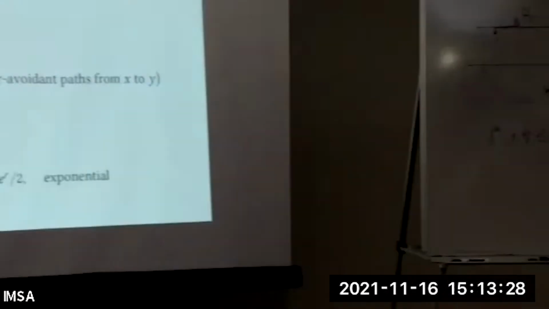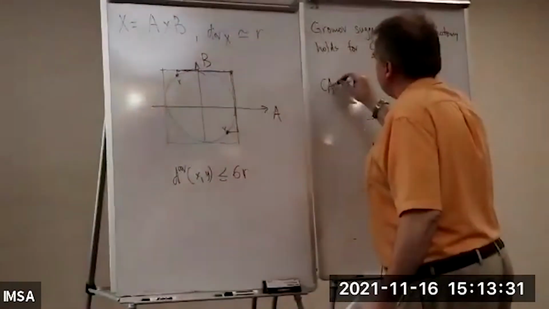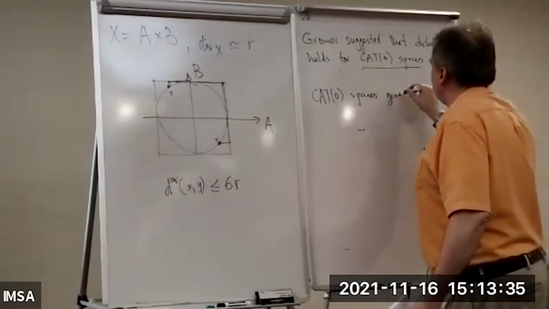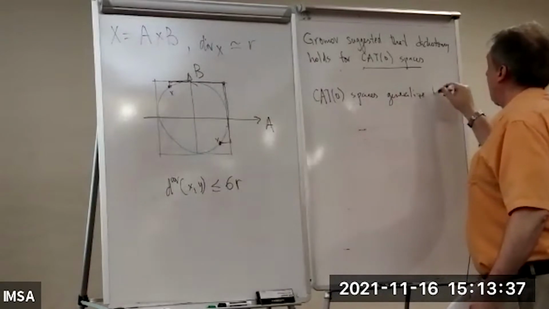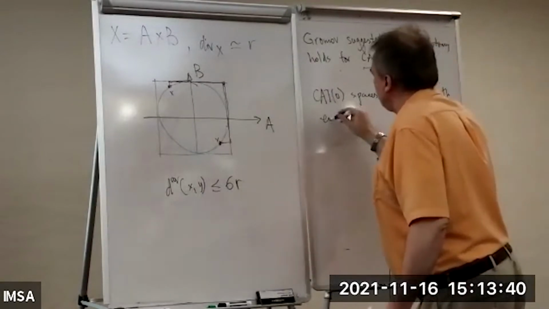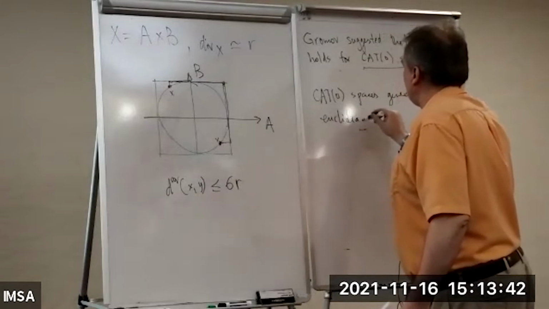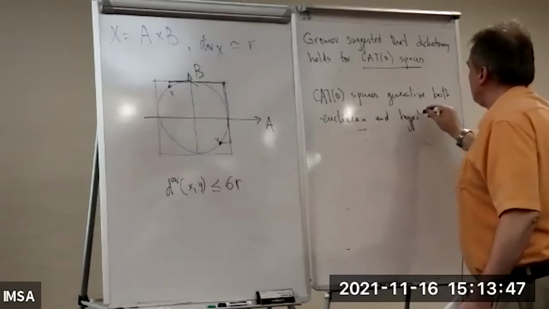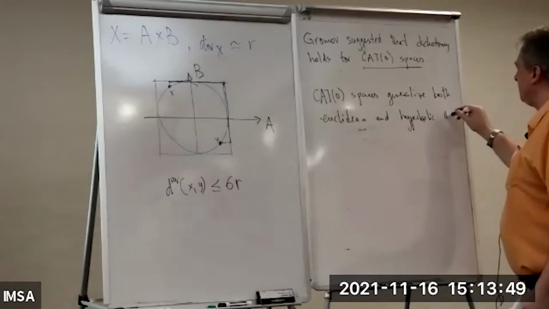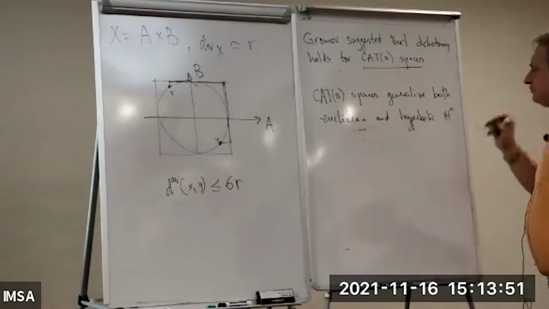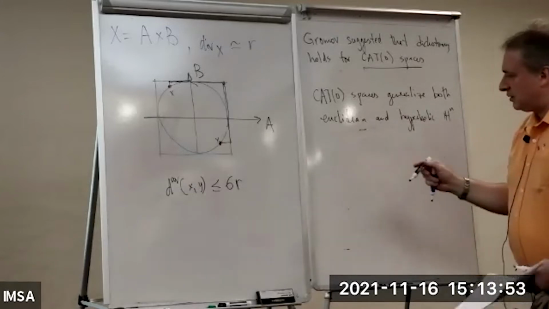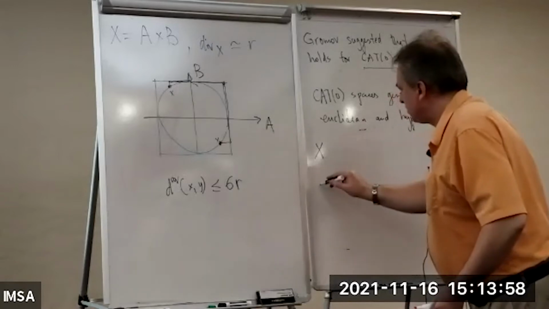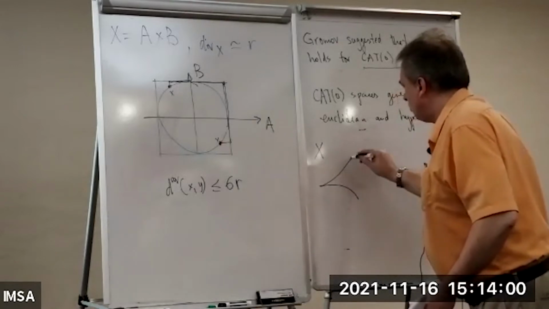And what are CAT(0) spaces? CAT(0) spaces generalize both Euclidean and hyperbolic in the sense of Hadamard. And they are defined in the language of model triangles.